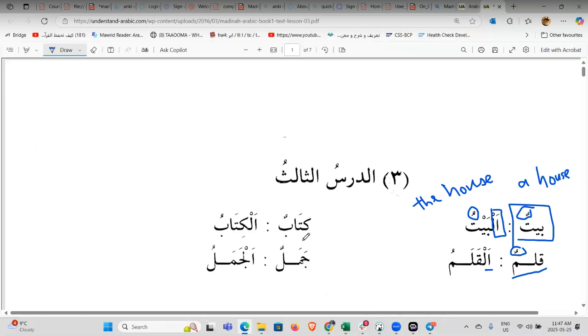And then we have kitabun, a book. So this is a pen, and then here it becomes the pen. So all we have to do is to add alif and lam and get rid of the tanween.